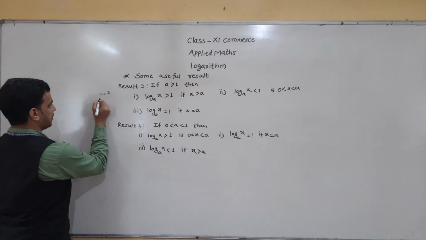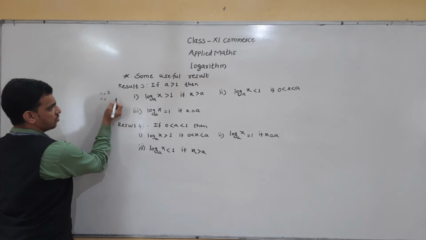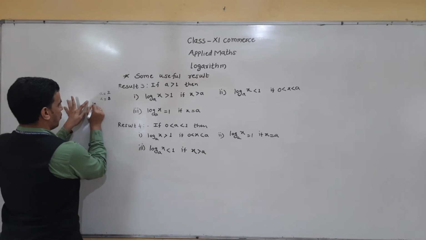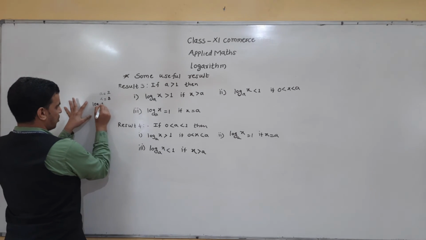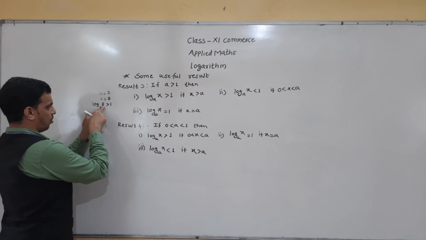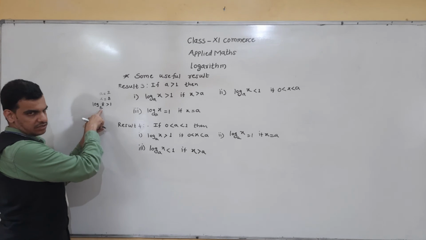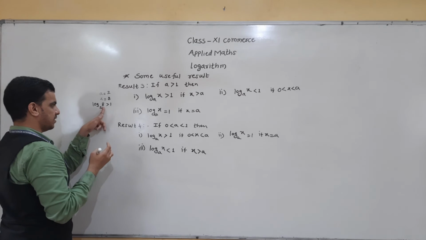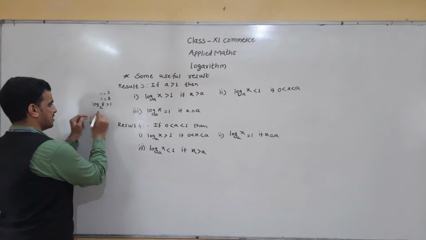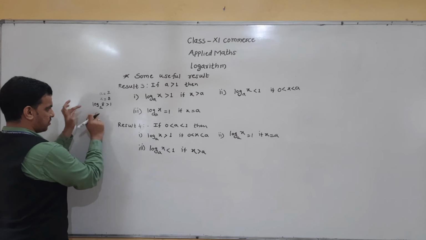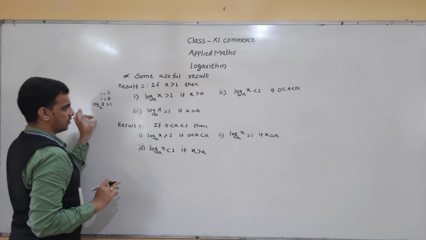If I take a equal to 2 and x equal to 8, then log of 8 to the base 2 is 3, because when we raise 2 to the power 3 we get 8. So log of 8 to the base 2 is 3, and 3 is greater than 1.